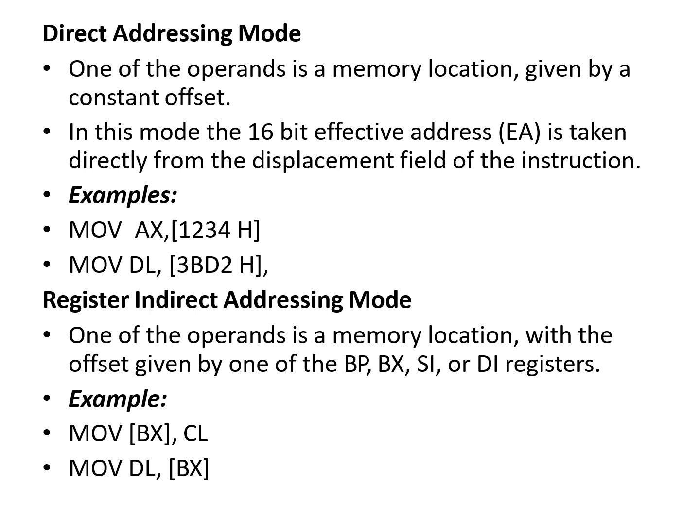This is the segment address. Along with that, the offset address 1, 2, 3, 4 is added, and we get the 20-bit physical address. So in direct addressing mode, the offset is specified in the instruction, within the square brackets.